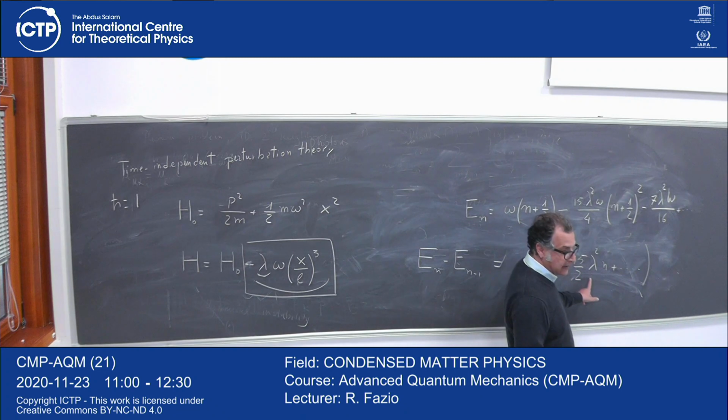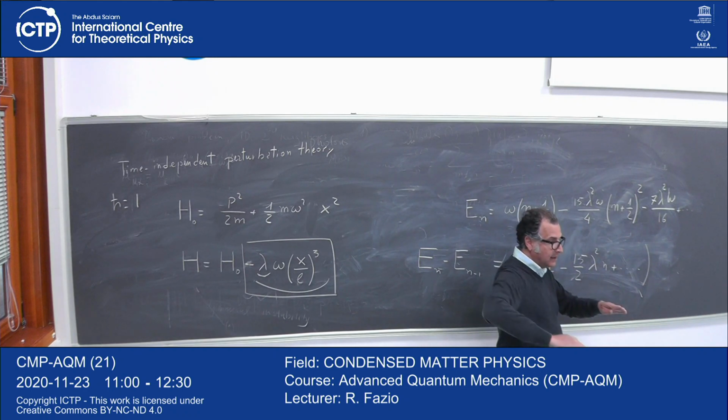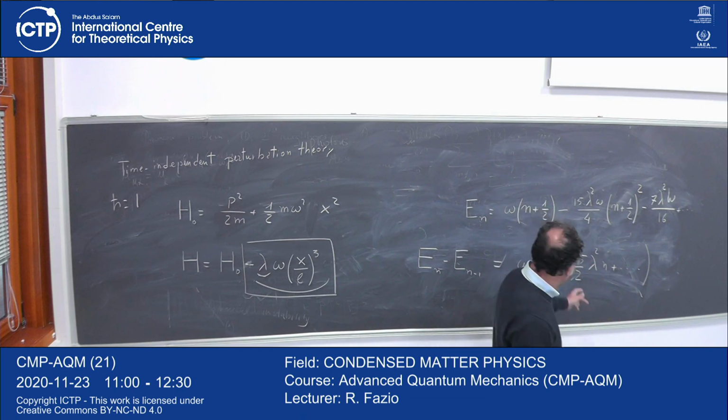And this is nonsense, because this, for instance, will predict that the lowest level will go, so when this becomes negative, that there is a crossing, that something which was below then goes to an energy higher than, so the two levels are exchanged.